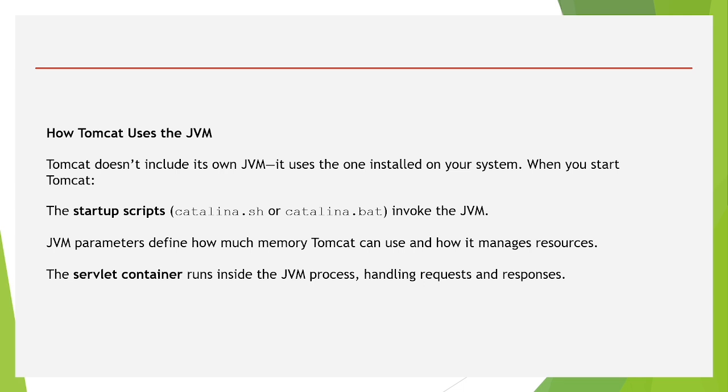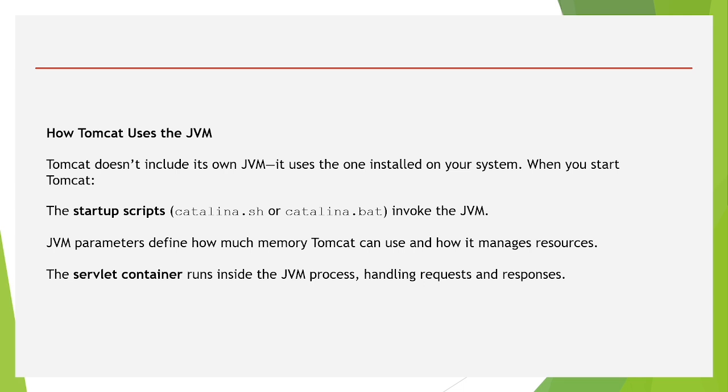When you start Tomcat, the start script, catalina.sh or catalina.bat, invokes the JVM. If you are using a Linux system, then we have to use catalina.sh. If we are using Windows servers, then we use catalina.bat.